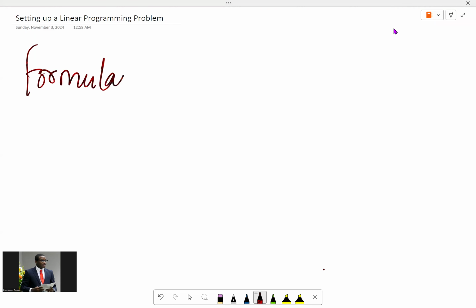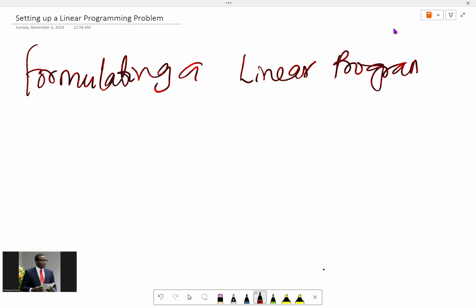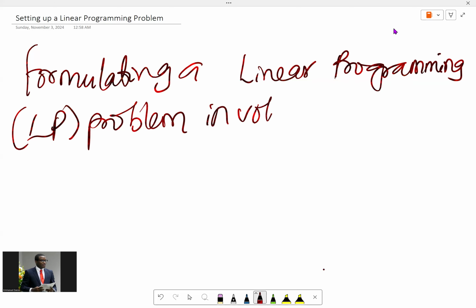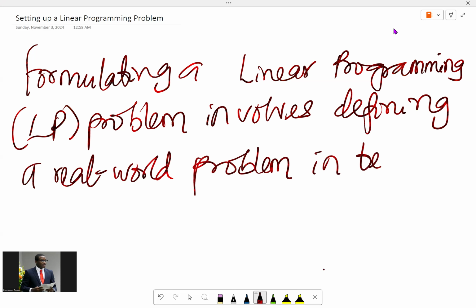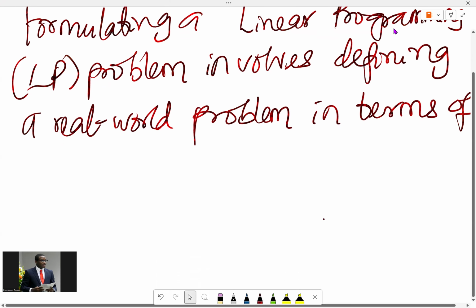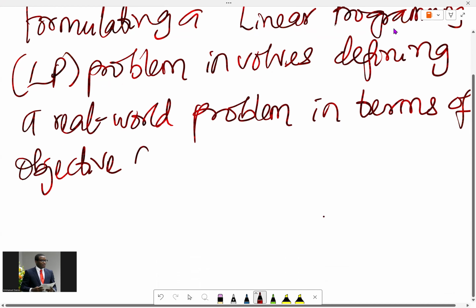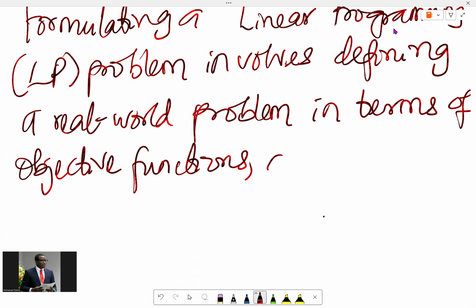Formulating a linear programming problem, from now on I'll just call it LP, involves defining a real-world problem in terms of objective functions, constraints, and variables.